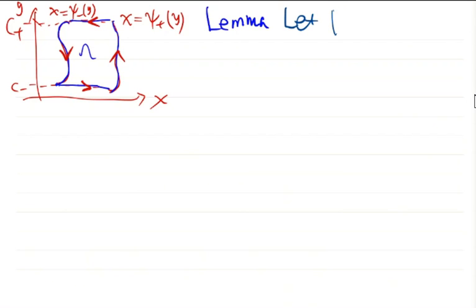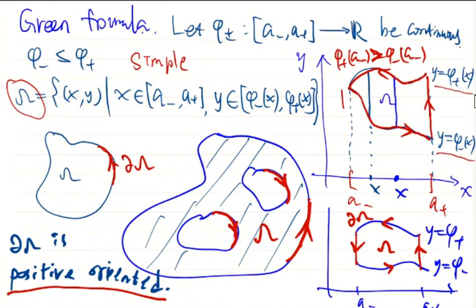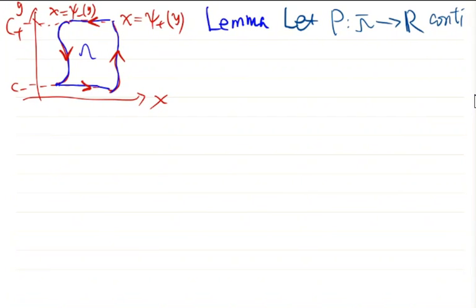Let P be a continuous function. Here omega is the domain described here. And the partial derivative of P with respect to y is defined over omega, continuous and bounded.